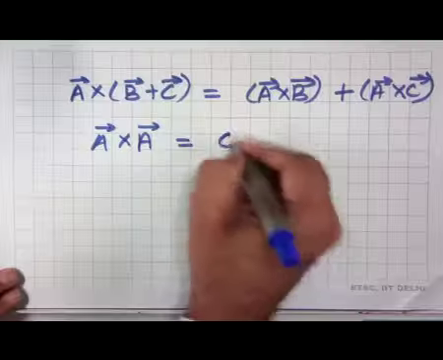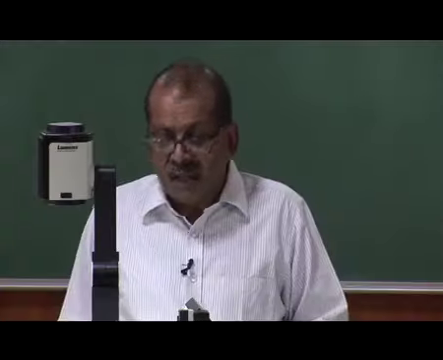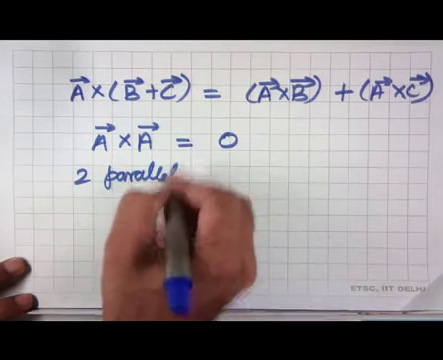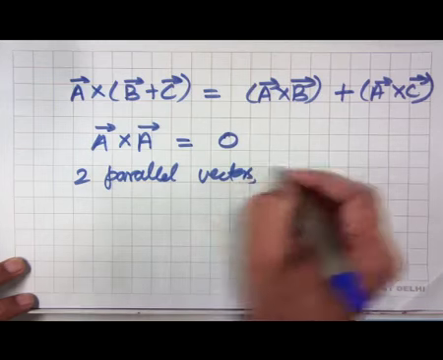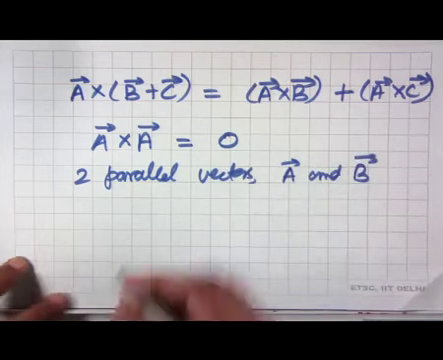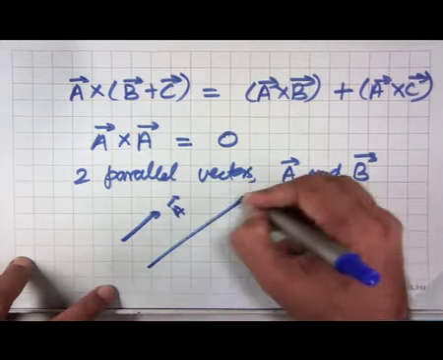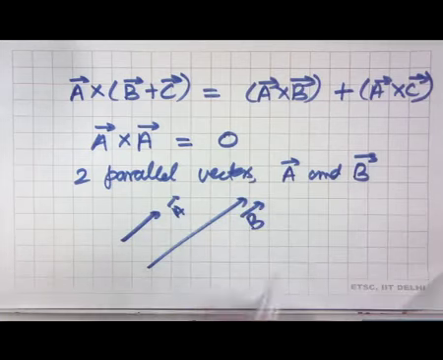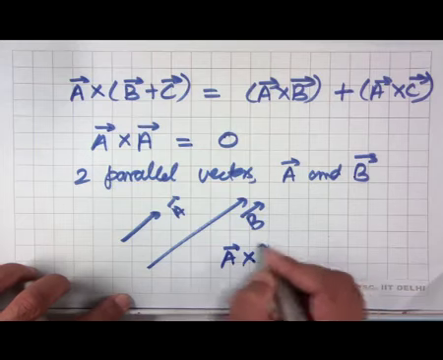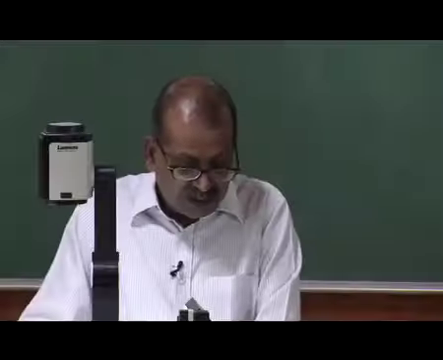Therefore, A cross A will always be 0. Not only that, if we have two parallel vectors A and B, then also A cross B will be equal to 0, because the angle between these two vectors is 0.